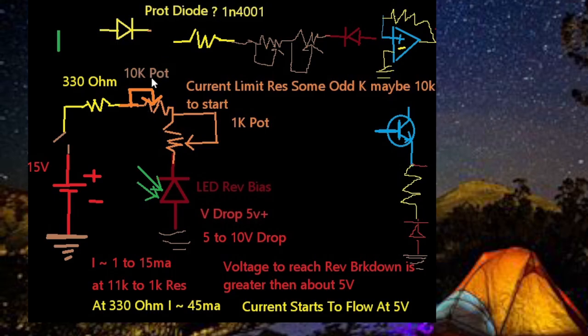It says 10K pot, but it's actually 2.5 megohms. That's pretty large. And I've been able to drop the resistance down to a point where there's 2.5 volts across the LED, reverse bias. And there's like 7.5 across the resistor, or 6.5, or whatever. The total's 8 volts, not 15.